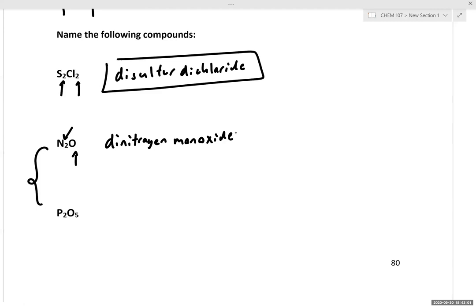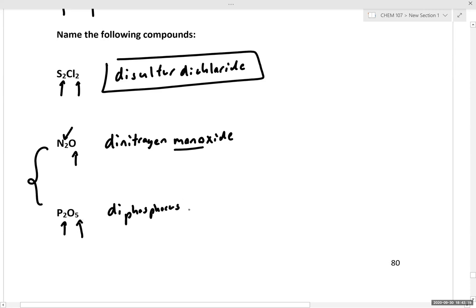Professor, when there is only one, should we say mono or can we just say oxide? You have to use the mono prefix. Okay, thank you. For P2O5, we use the prefix of di for phosphorus, so we have diphosphorus. And we have 5 oxygens, so we use the prefix of penta, pentaoxide.